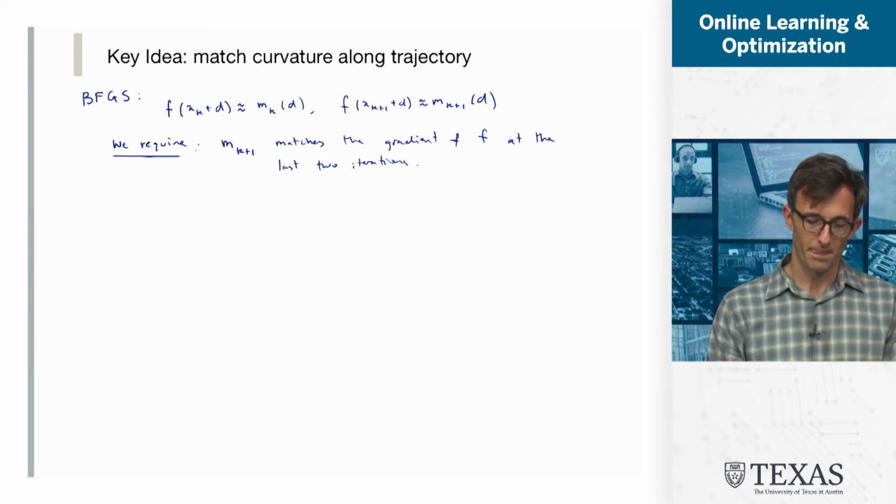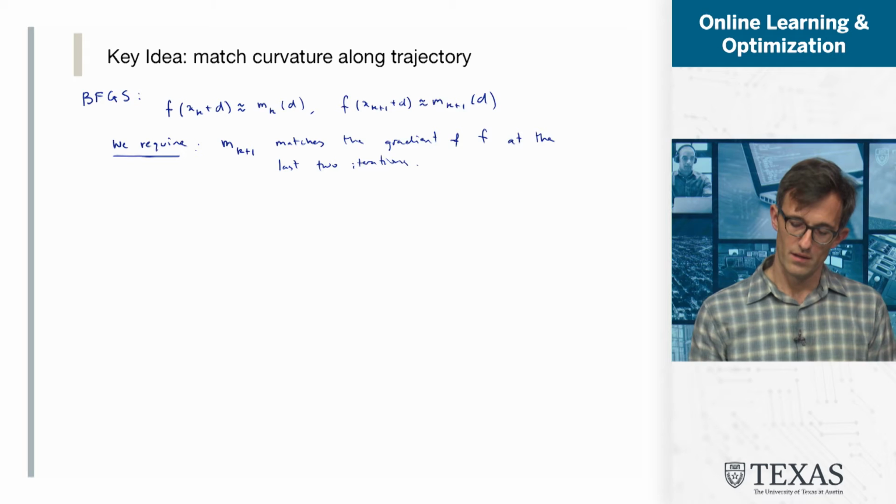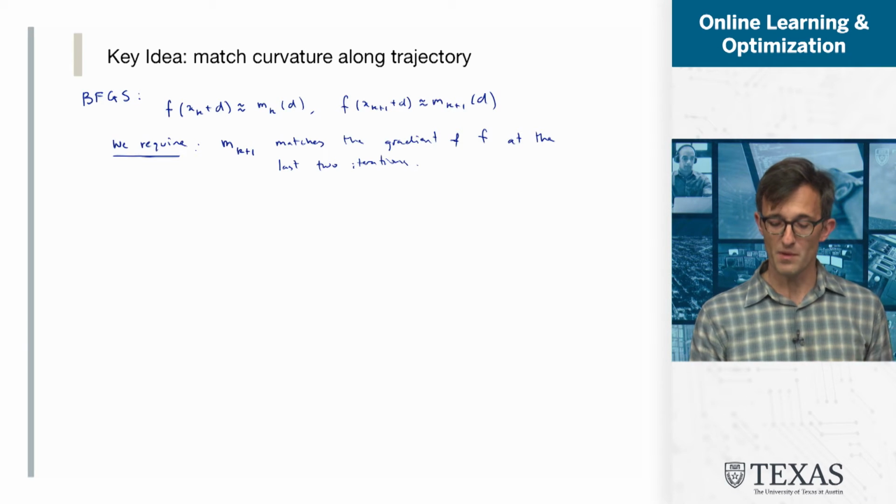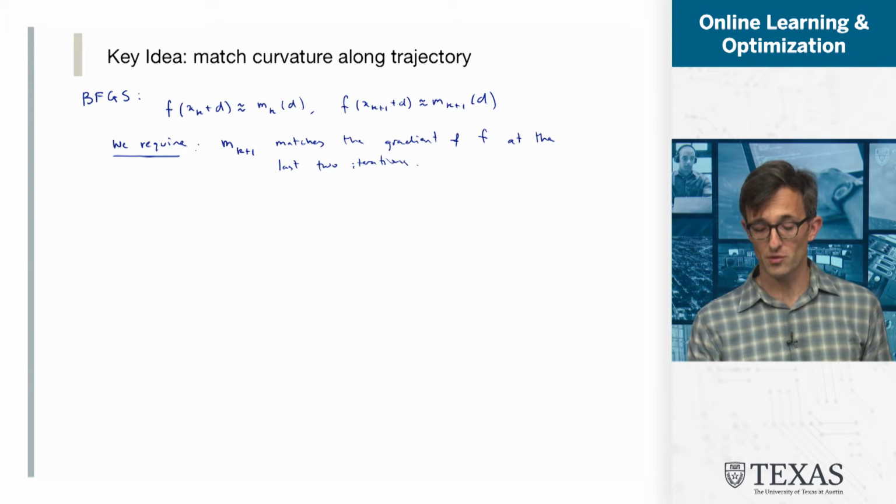I would like the gradient of mk+1 to give me the gradient of f at xk+1, and also the gradient of f evaluated at xk.